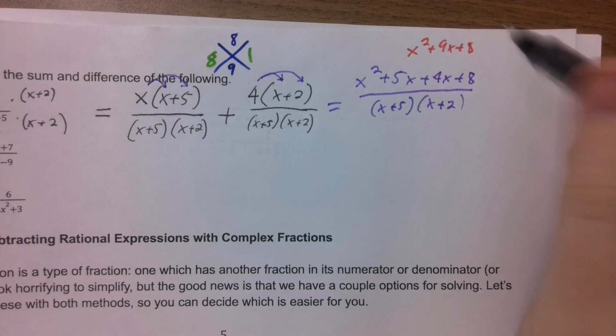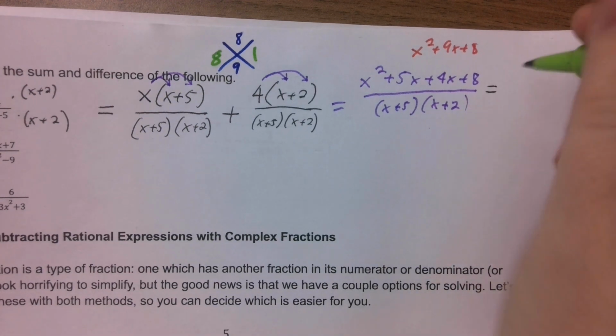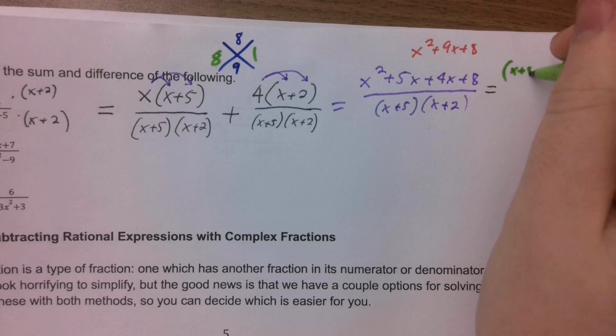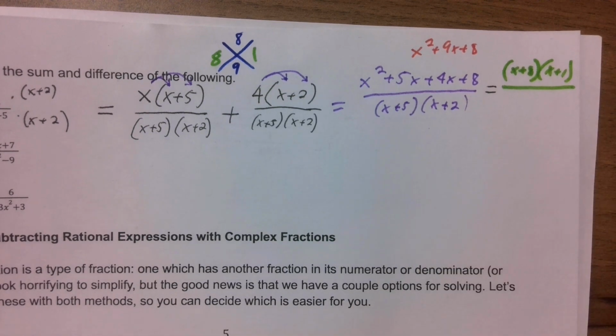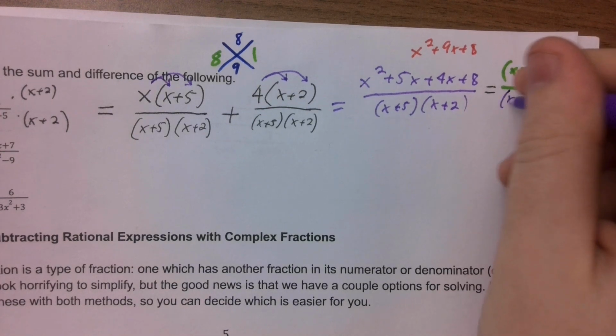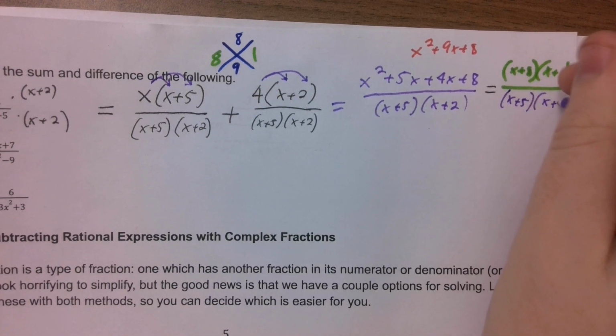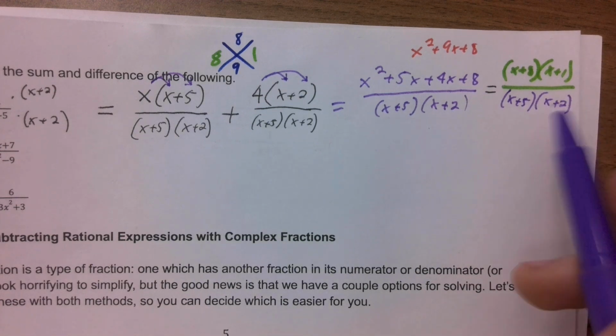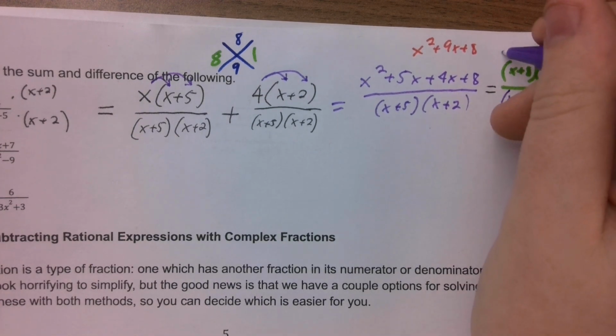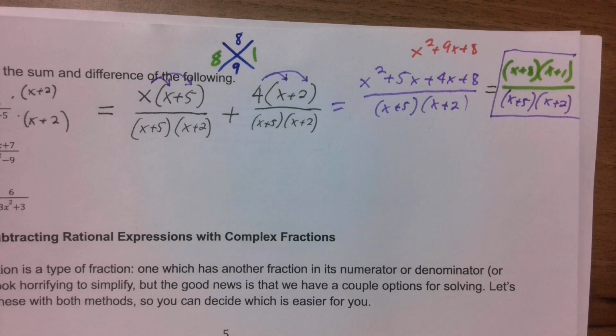So we can rewrite the top of our fraction as x plus 8, x plus 1, all over what we had before, x plus 5, x plus 2. As we look, nothing really cancels out, so this is our final answer. It's in factored form. No more addition or subtraction outside of parentheses.